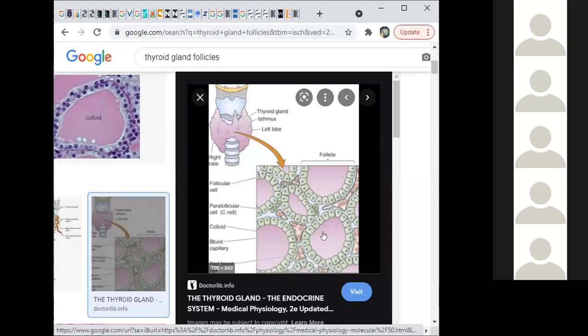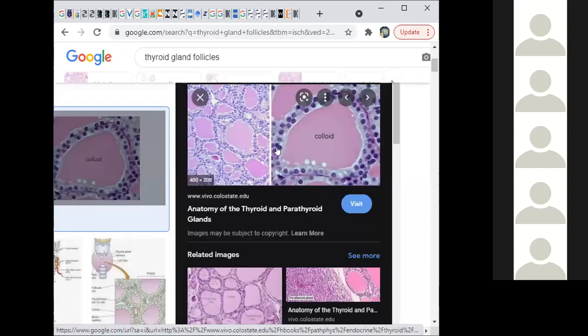This is a protein substance that the system uses to make the hormone. So this is the actual histology: a follicle lined nicely by cuboidal cells, and inside there is the colloid, or the thyroglobulin. This is what I've been trying to show you. We'll come back to pictures again.